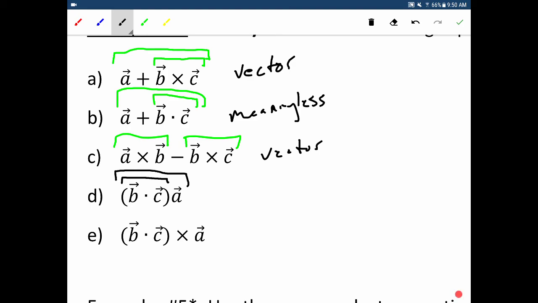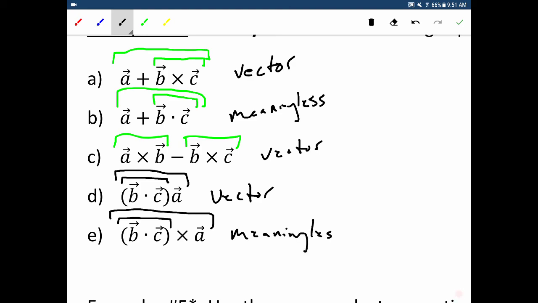So it's a scalar times a vector, which will of course just give us a vector. Okay, we got a dot product, which will give us a scalar, and then we cross product with a vector, which you can't do. A scalar cross a vector is meaningless. Okay? So you get the idea, I hope.